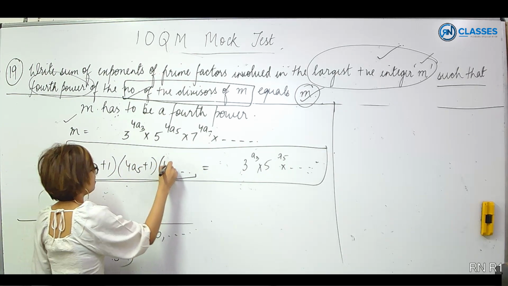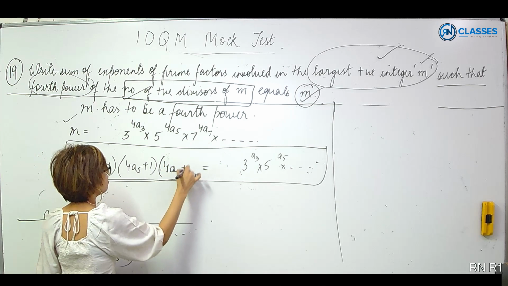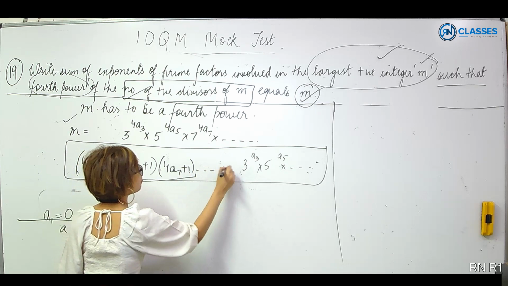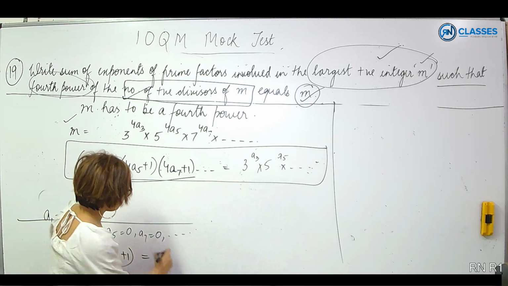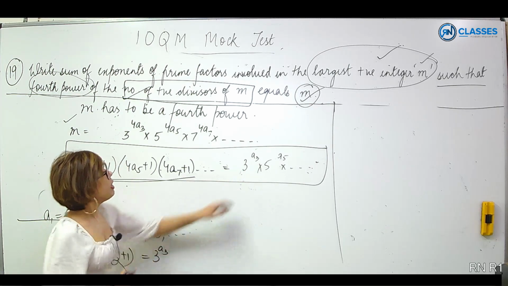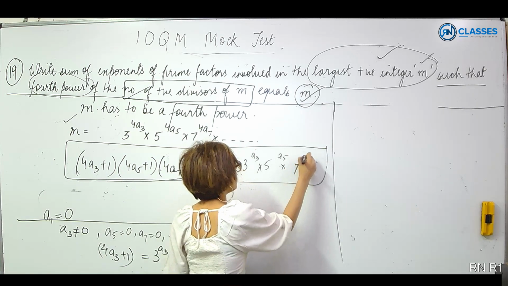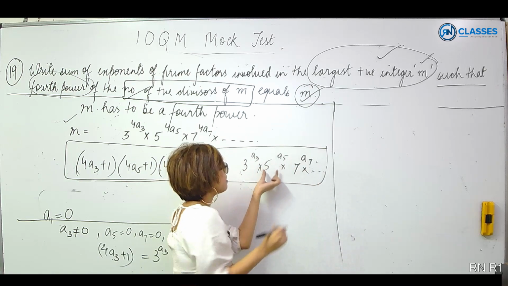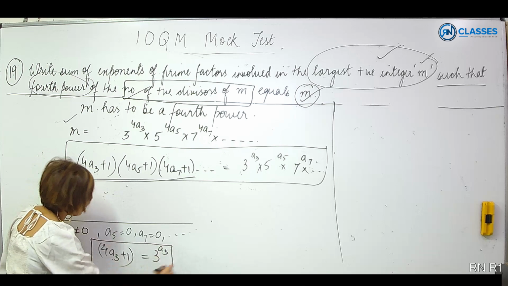The next one, 4A7 plus 1. If A7 is 0, this becomes 1, so I will not write it. It is equal to 3 raised to A3. If this is 0, this becomes 1. Now let me write another one also, 7 raised to A7. This is 1, this is 1, so I will not write it.